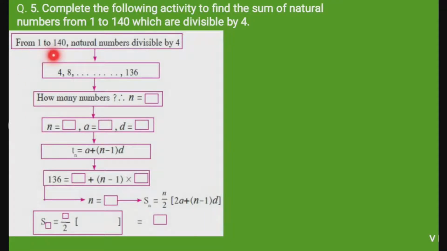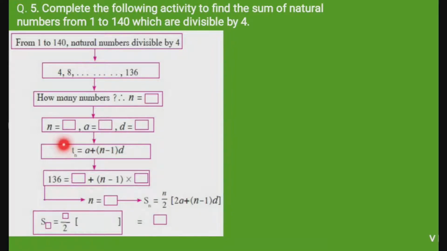From 1 to 140, natural numbers divisible by 4. A number divisible by 4 means that number is a multiple of 4. So 4 is the first number, 8 is the second number, then the third number is 12, and so on. Last number we take 136.